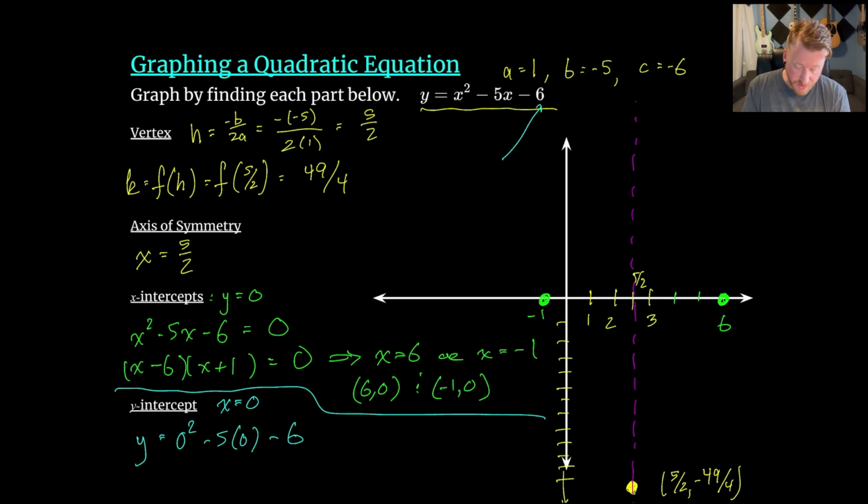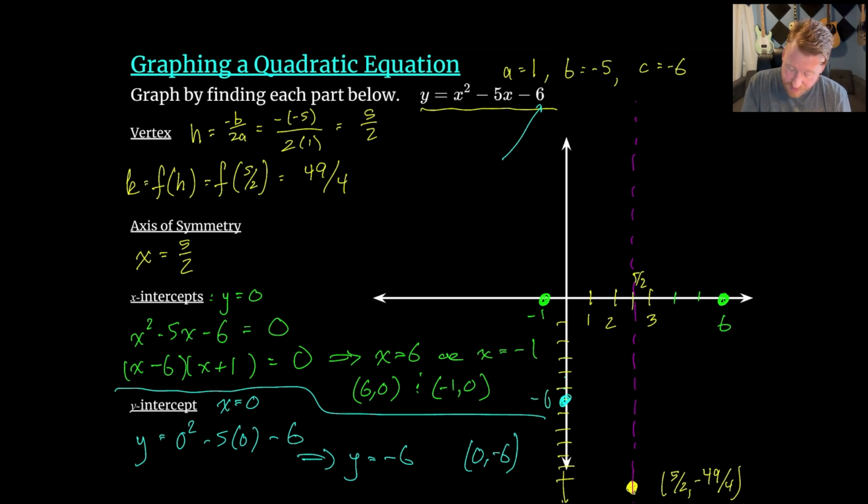That's because once we plug in 0, we just get y equals whatever the c value is, which here is negative 6. So we know that the y-intercept will be at the point (0, negative 6). So 1, 2, 3, 4, 5, 6. Here we've got negative 6.